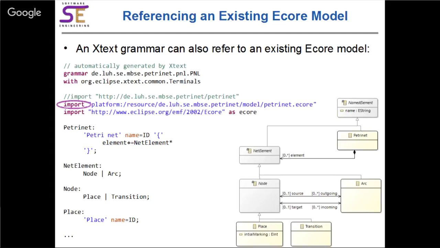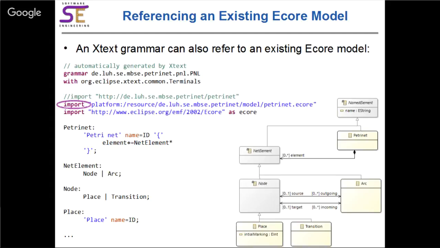A net element is either an arc or a node, which can be a place or a transition, and arcs connect nodes. Remember, we again have this issue that we want to disallow connecting places and transitions, but let's be concerned with that later on.